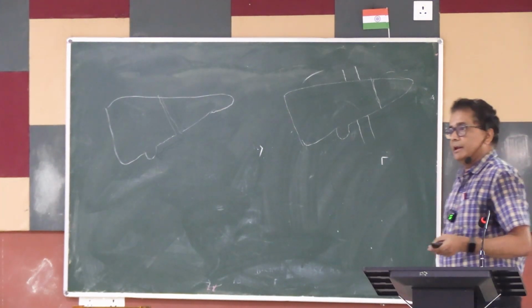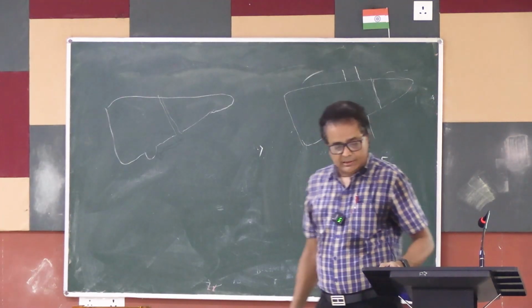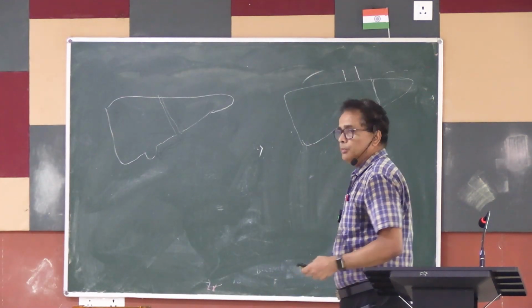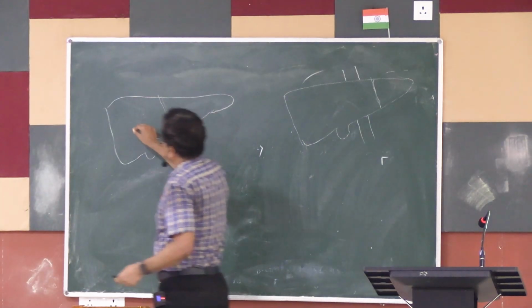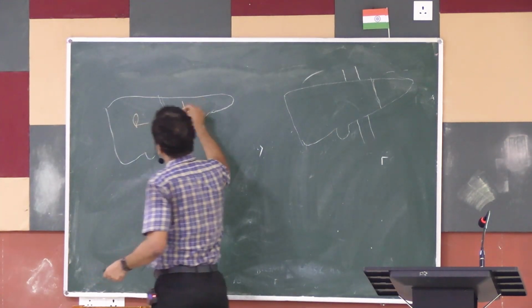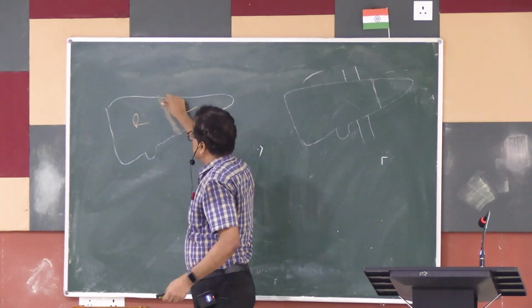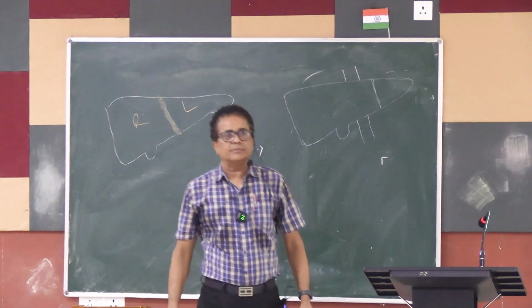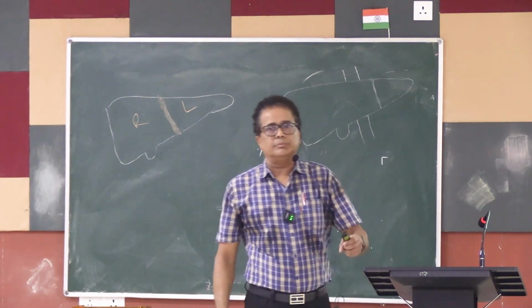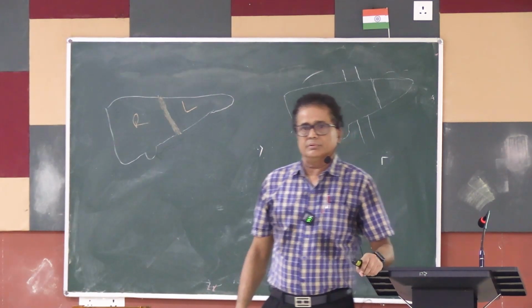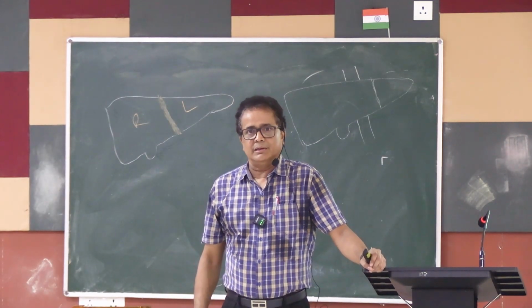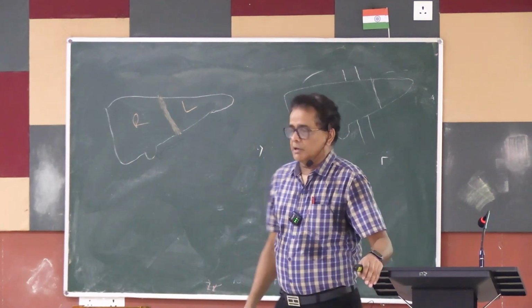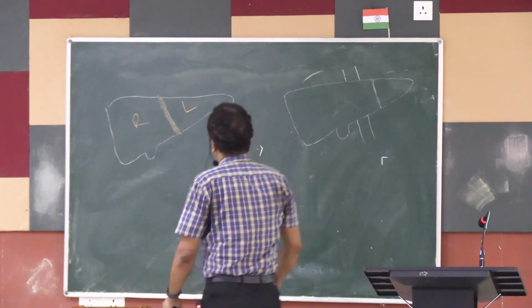In your anatomy classes, you have learned that the liver is divided into two lobes. One is called the right lobe and one is the left lobe, and what stays in between is the falciform ligament containing the ligamentum teres. But you need to unlearn that from now on, because we have cursed the anatomy.